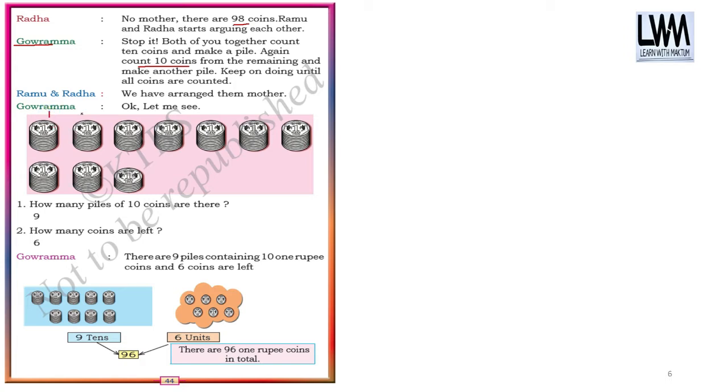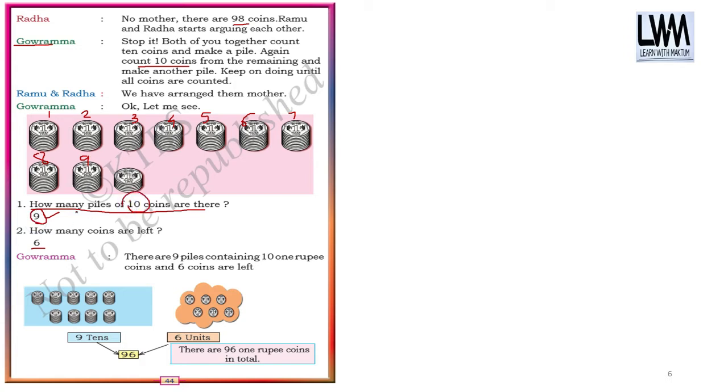This is one group, this is second group, third group, fourth group, fifth group, sixth group, seventh group, eighth group, ninth group, right? So the first question they have given is, how many piles of 10 coins are there? The answer is 9. Then how many are left now? These are 6 coins.